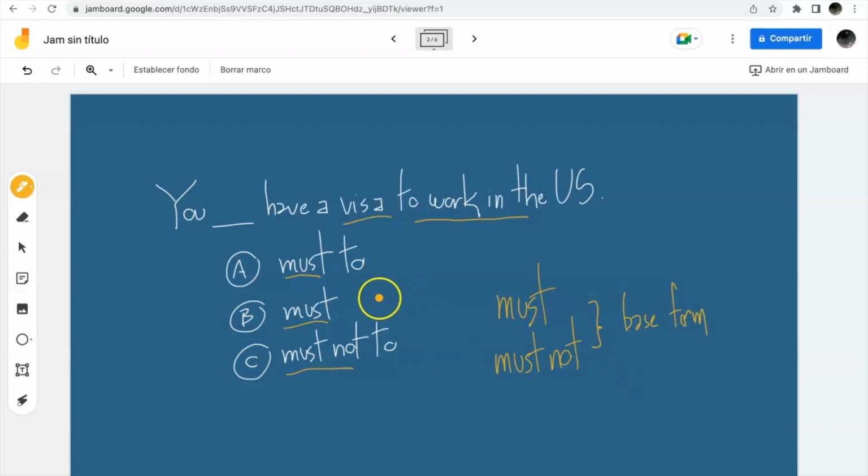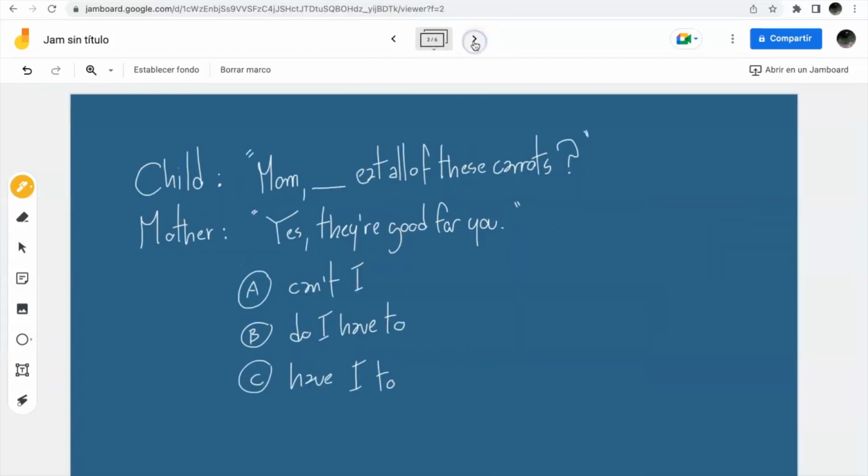Okay, so in this case, 2 and 2 go out of the equation, right? Because right after must or must not, we need the base form of the verb, in this case, have. So you must, and we're talking about an obligation here, a rule, you must have a visa to work in the US. Okay?